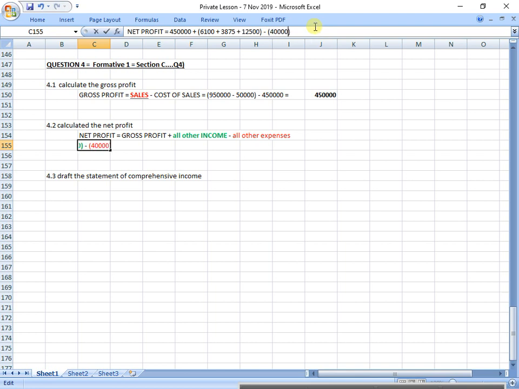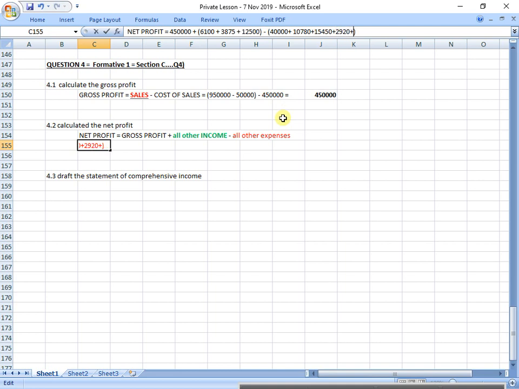Correct. Salaries and wages is 40,000. What else? Vehicle expenses. Good. 10,780. Office consumables, 15,450. What else? Bank charges, 2,920.